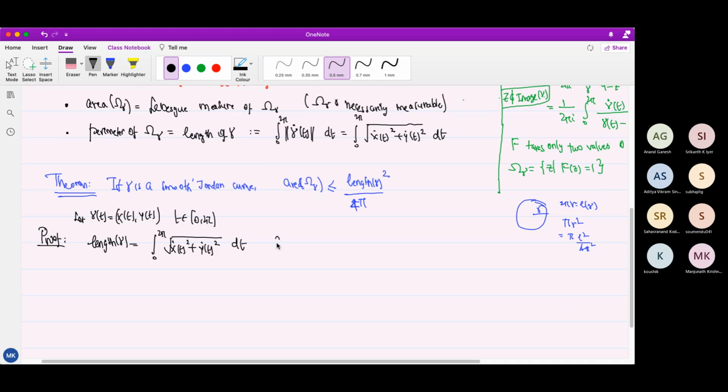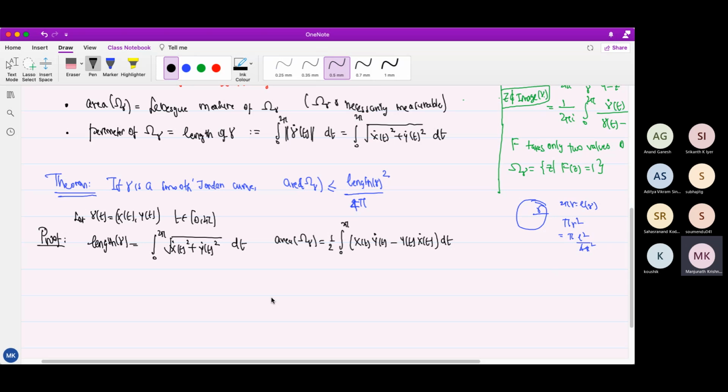dt. I say that for the area of omega gamma, I also want to write a formula. That is going to be 1/2 of the integral of x(t) y dot(t) minus y(t) x dot(t) dt. So this is the claim.